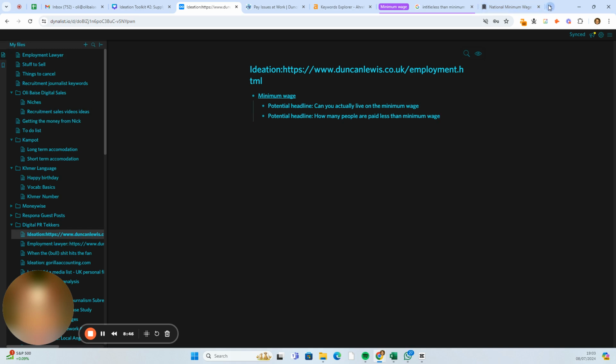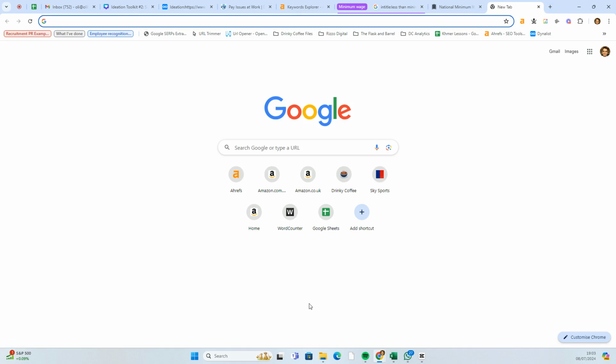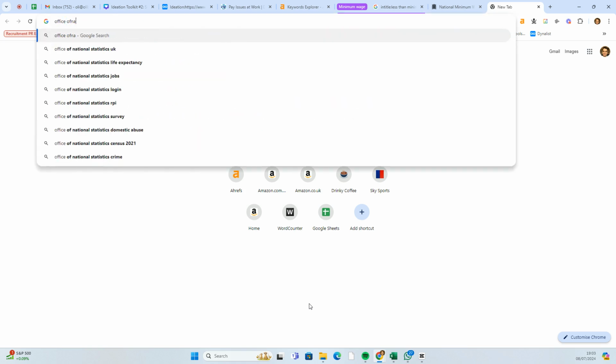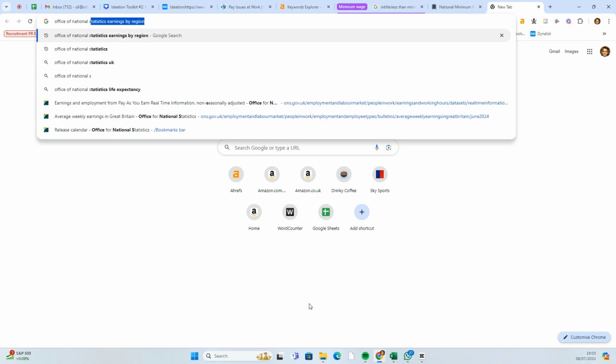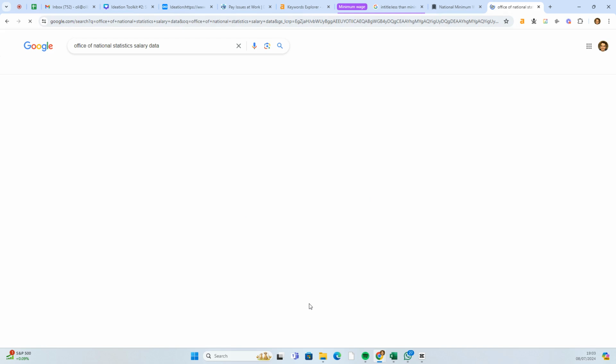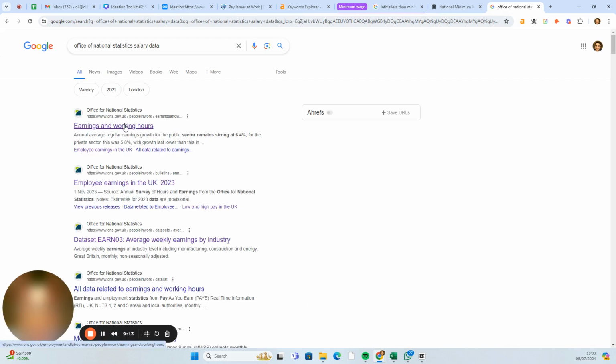Then that's a potential headline that does not seem to exist at the moment. So the next thing you look at is, can we actually find this information? I know that the Office for National Statistics in the UK publish a lot of salary data. So let's go: Office for National Statistics salary data. Earnings and working hours.